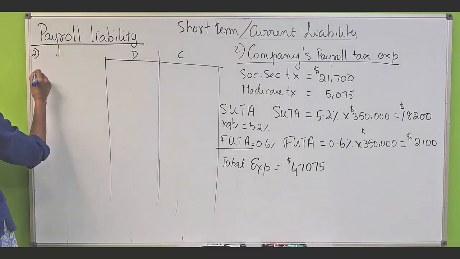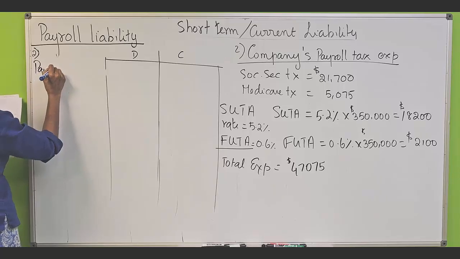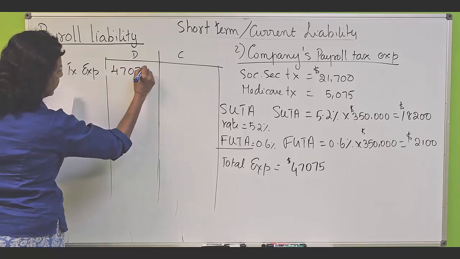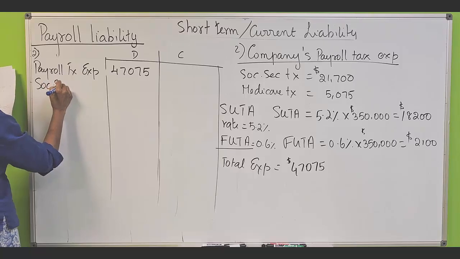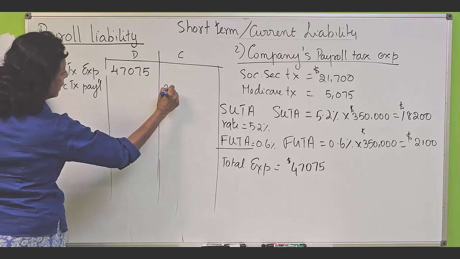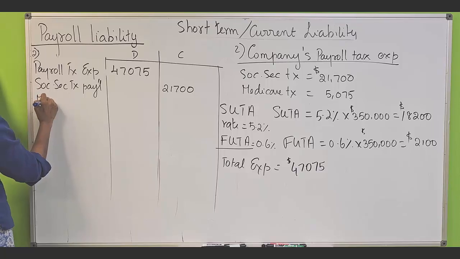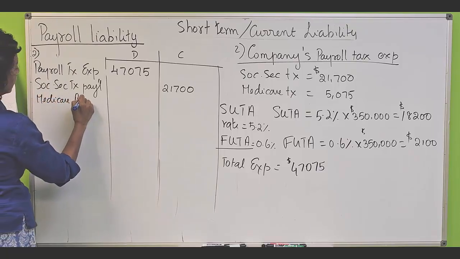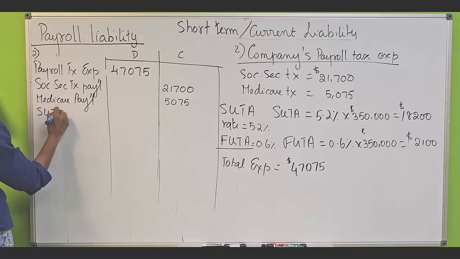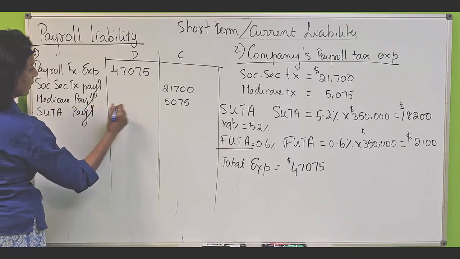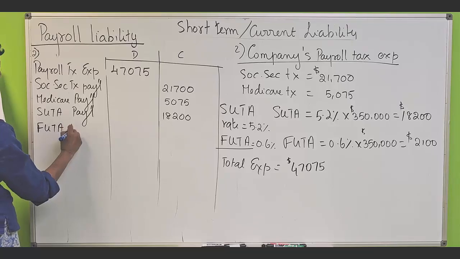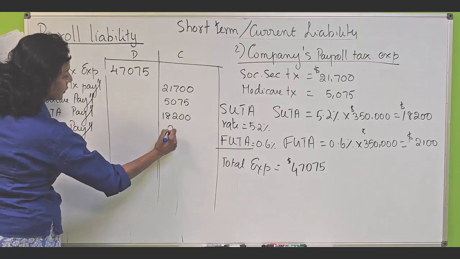So for the second one, you debit payroll tax expense 47,075, and credit Social Security tax payable 21,700, Medicare payable 5,075, state unemployment tax payable 18,200, and federal unemployment tax payable 2,100.